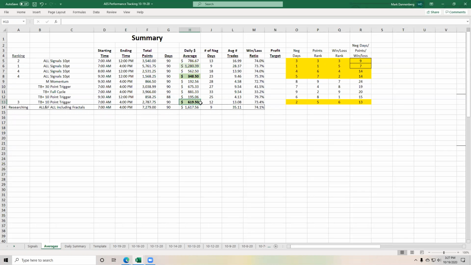That's the average daily profit per contract. That's pretty significant. That's just a flat per day, per contract, no scaling of contracts.